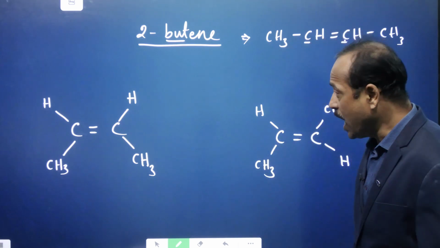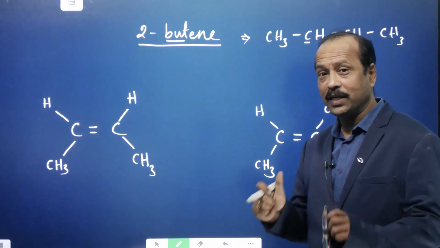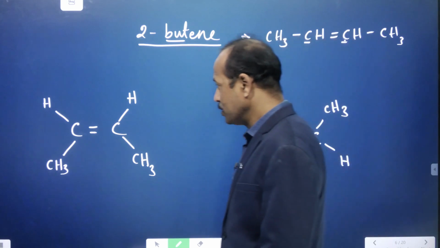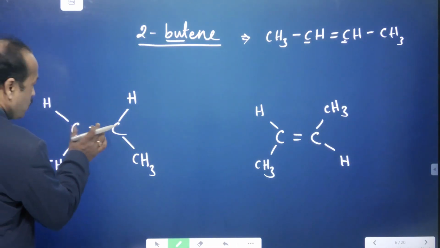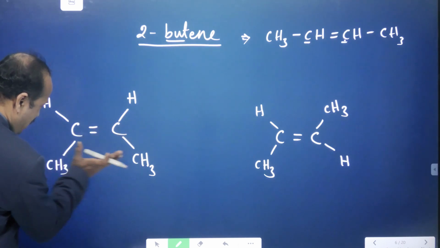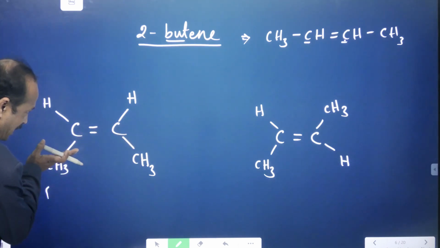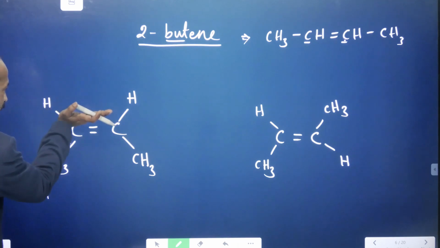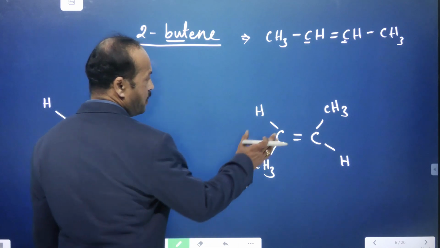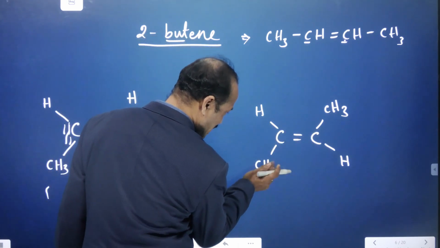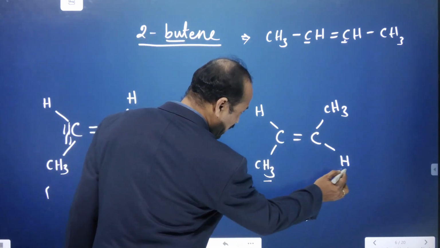Now where is the difference? Here, the methyl groups CH3, CH3 are on one side, and both hydrogens are on the other side of the double bond. Here, on the double bond, one side has a methyl and a hydrogen, and the other also has a methyl and a hydrogen.